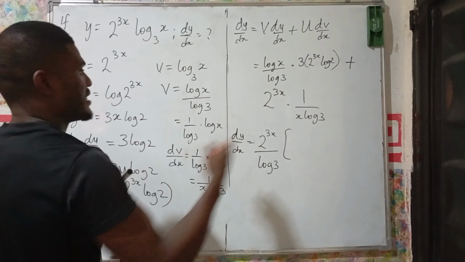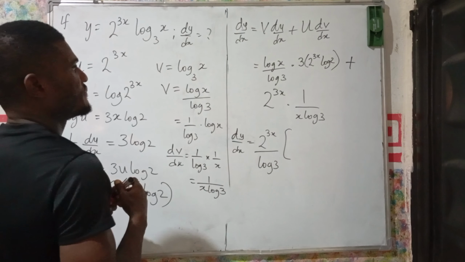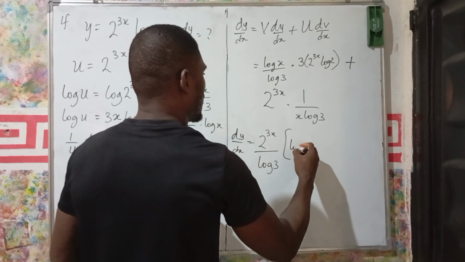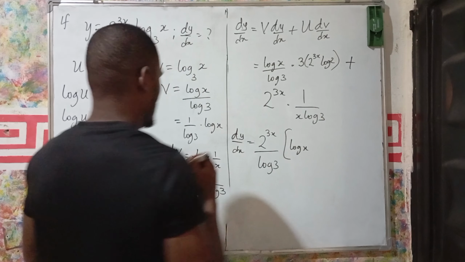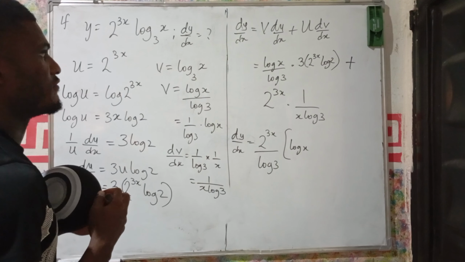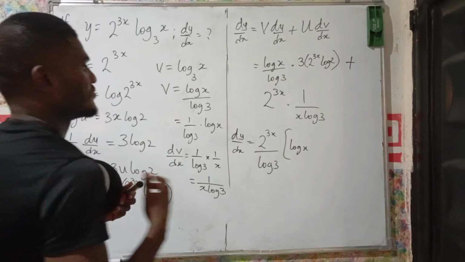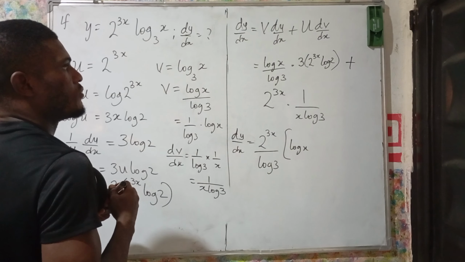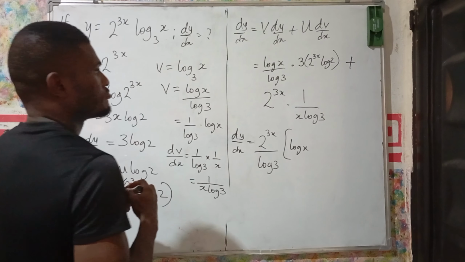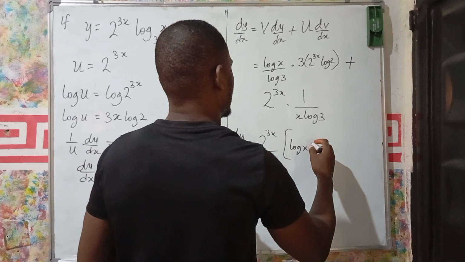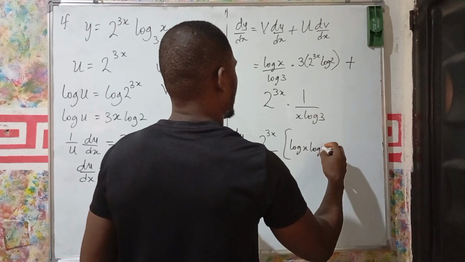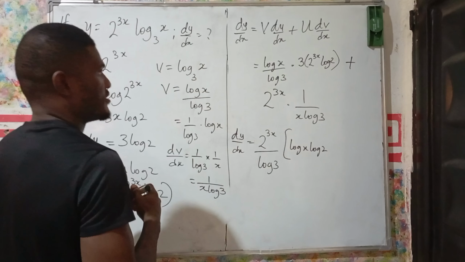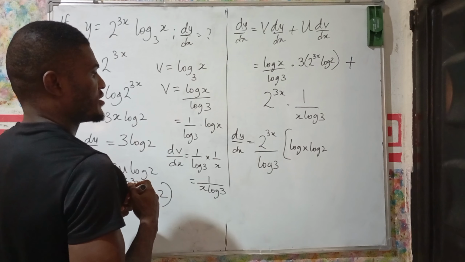What will remain is log x here, and we also have log 2 remaining with 3.